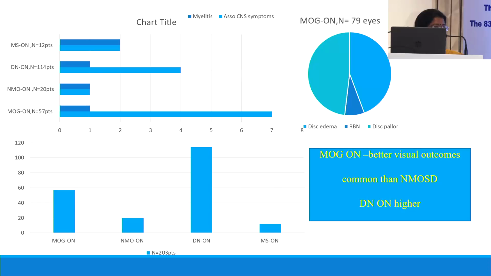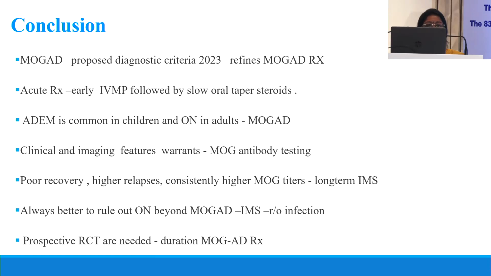So to conclude, MOGAD diagnosis is very clear, and the diagnostic criteria in 2023 have helped us and refined the management of MOGAD. Acute treatment will involve intravenous steroid followed by a slow, long oral taper of steroids. And ADEM is very common in children, but optic neuritis is common in adults.